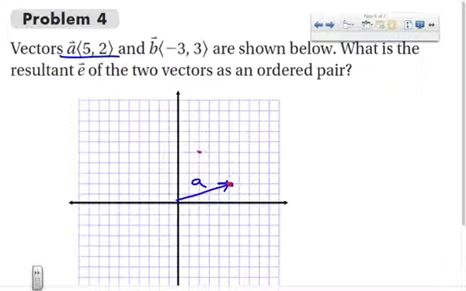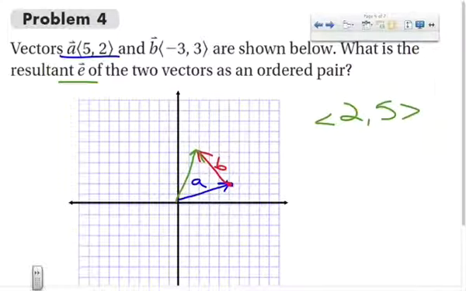There's my terminal point. This is B, which means that my resultant is now this vector, whose coordinates are what, comma what? 2, 5.